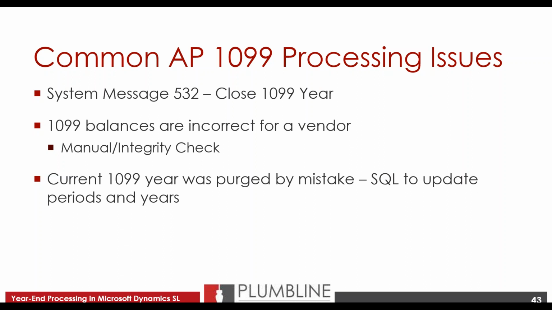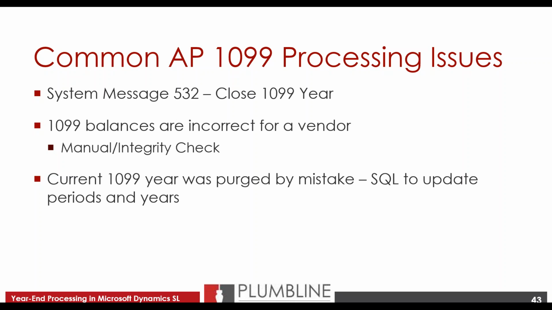Now, some common 1099 processing issues that we see. One would be system message 532, which can be received if you're trying to print checks and the check date year is not yet an open 1099 year. For example, let's say we're now in 2020, you're issuing your first check of 2020, and the check date obviously has a 2020 year on it.